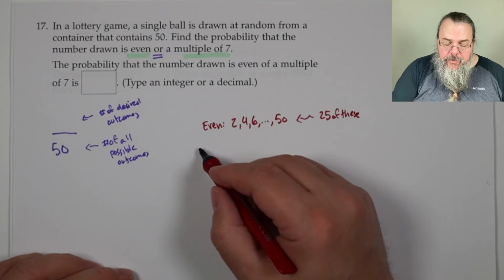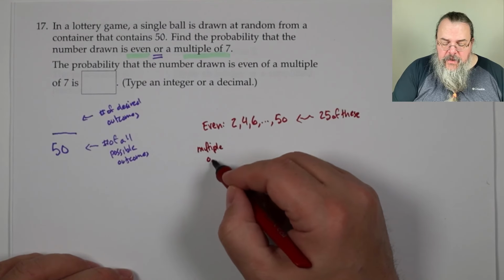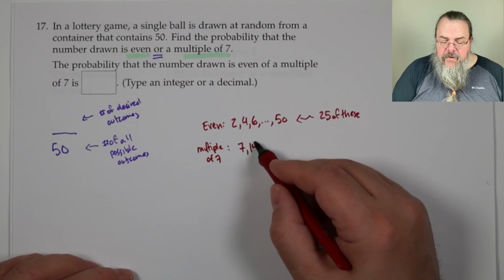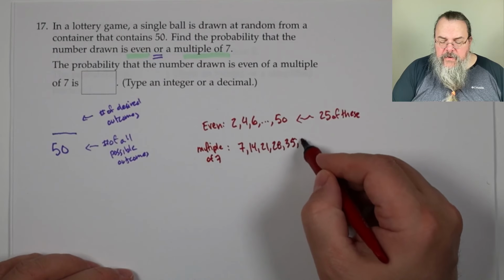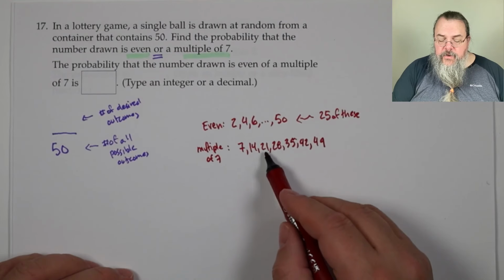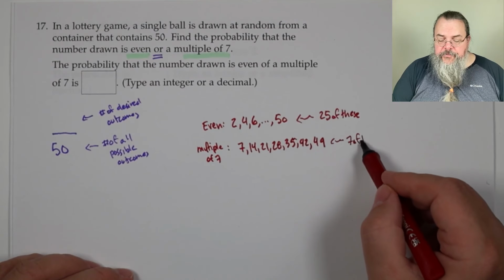Now, what about multiples of 7? There's a little bit less of those. You can probably write these down: 7, 14, 21, 28, 35, 42, and 49. So there's 1, 2, 3, 4, 5, 6, 7. There are 7 of these.